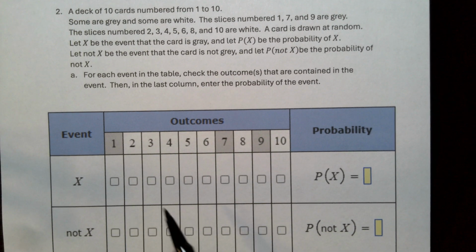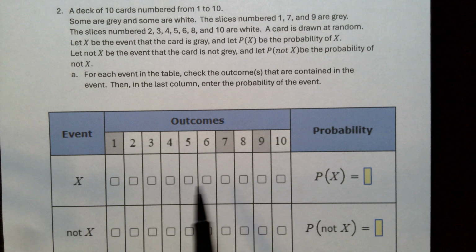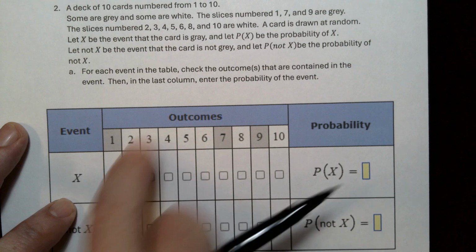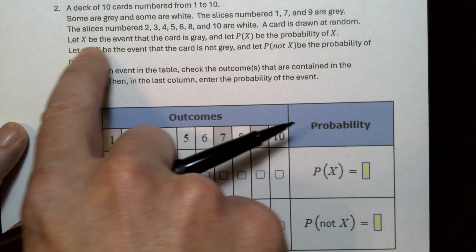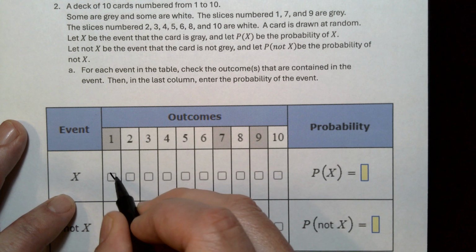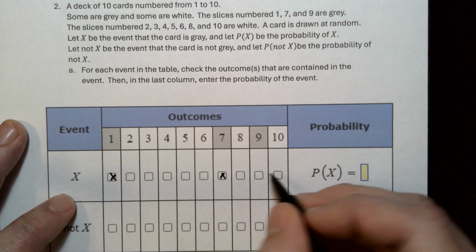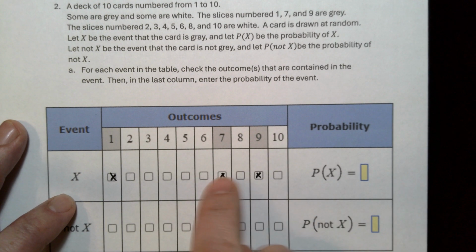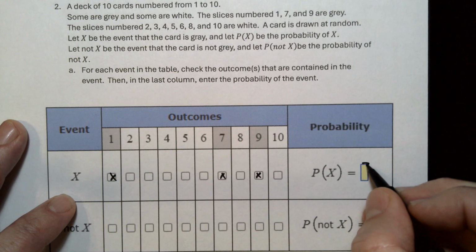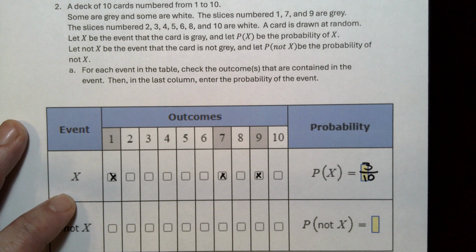Okay, so let's fill in this table. So the event X, remember, is this right here. Let X be the event that the card is gray. Okay, so it's gray here, so I'll X that one in. It's gray here, and it's gray here. That is 3 times that it happened out of how many? 10. 3 out of 10.